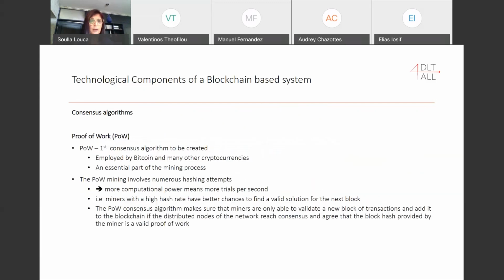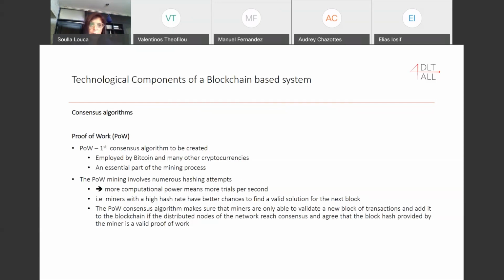Different types of consensus algorithms. We are going to mention a couple of the most important ones, even though new algorithms come into place by researchers that are working on these types of algorithms worldwide.